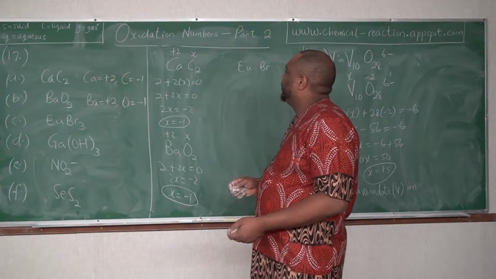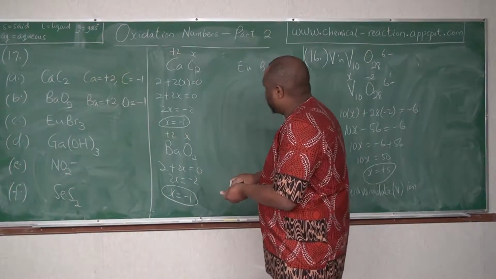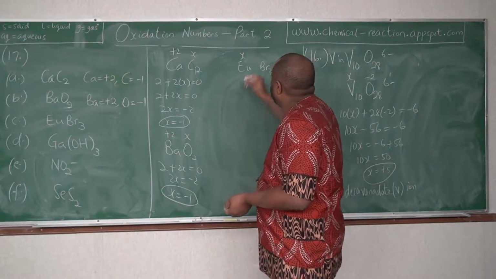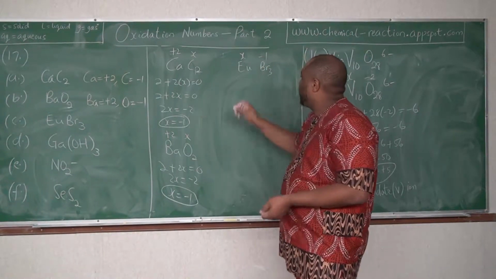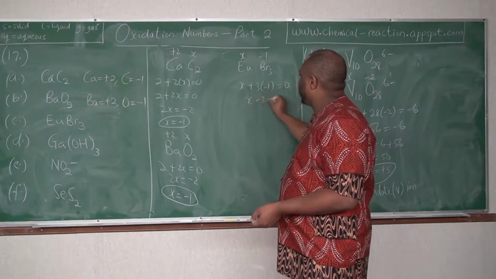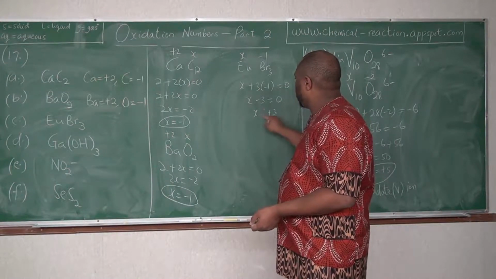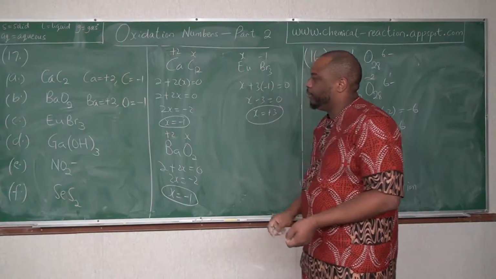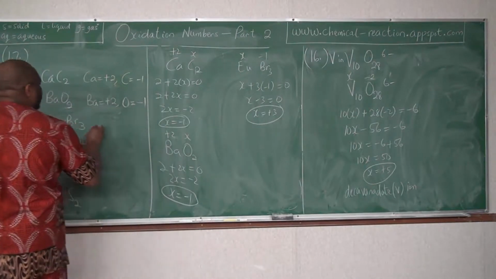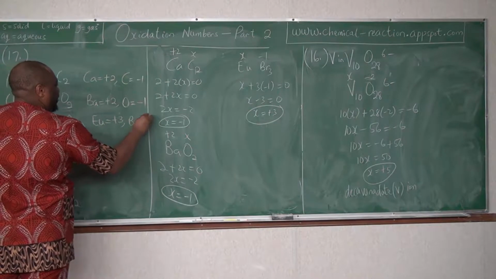So let europium be X, and bromine is minus 1. X plus 3 times minus 1 equal to 0. X minus 3 is 0, X is plus 3. So europium is plus 3, bromine is minus 1.